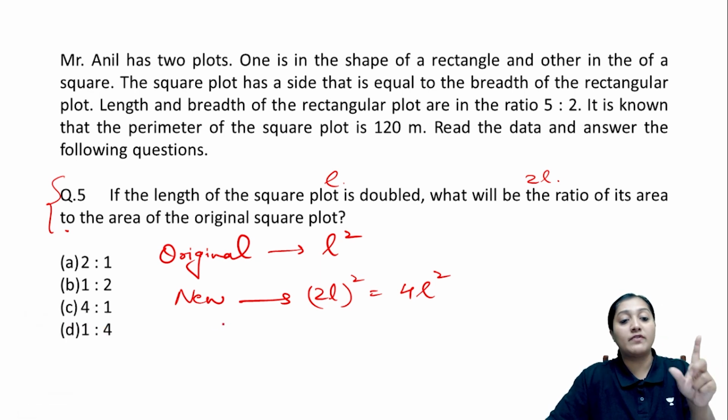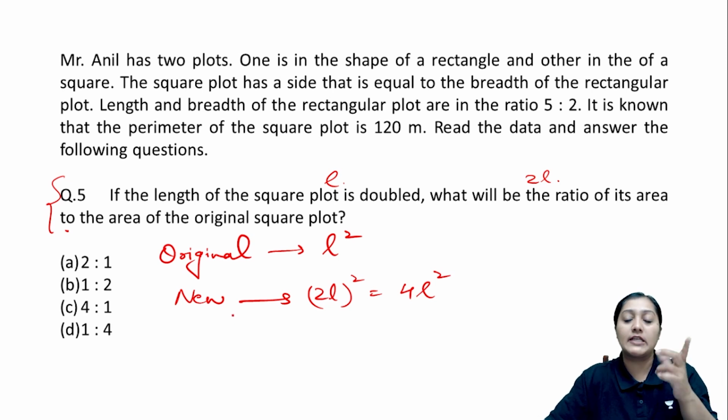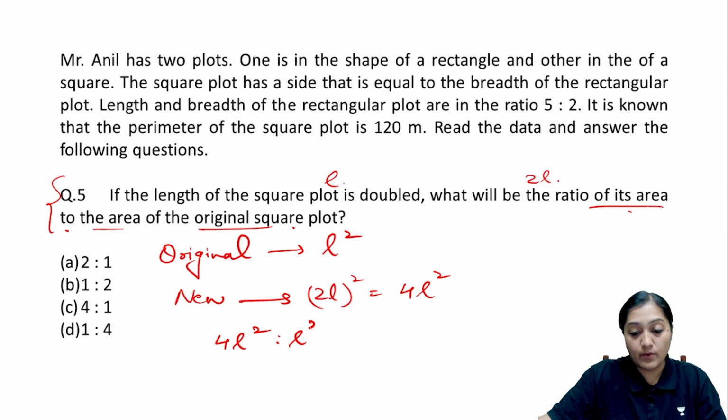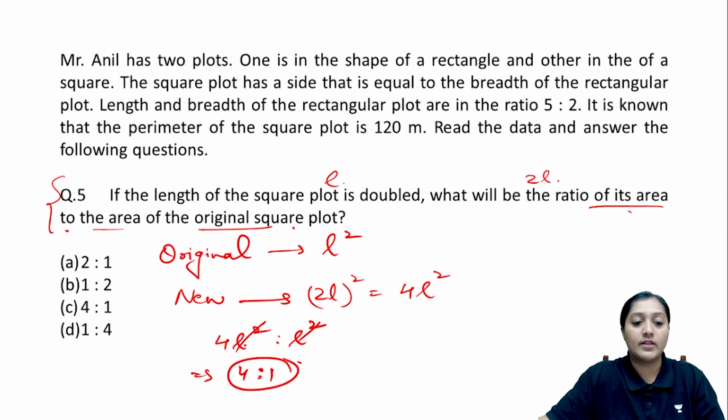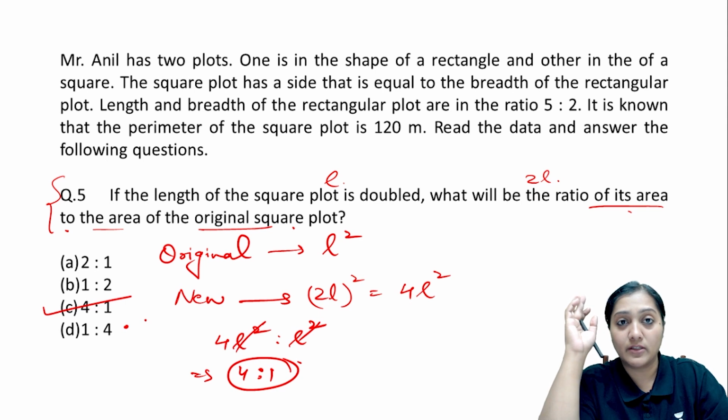If you want to use the value 30, you can use the value 30 also here. No problem in that. बस ये देख लेना पूछा क्या है. What will be the ratio of its area to the area of the original square plot? So new area is 4L square and the original area would be L square. That would be definitely 4:1. That's our option C. And we also have option D. तो अगर आपने question सही से नहीं पढ़ा होता तो आप definitely option D भी mark कर सकते थे.